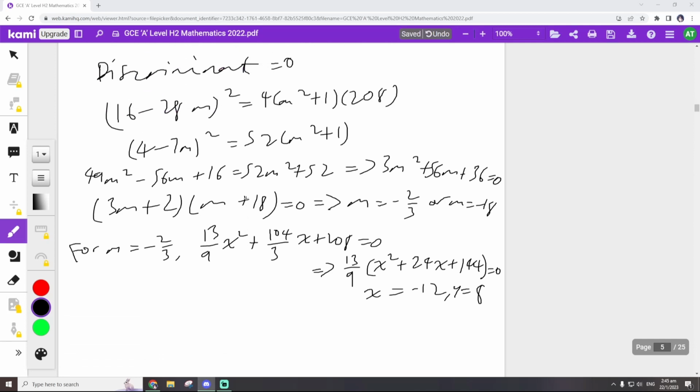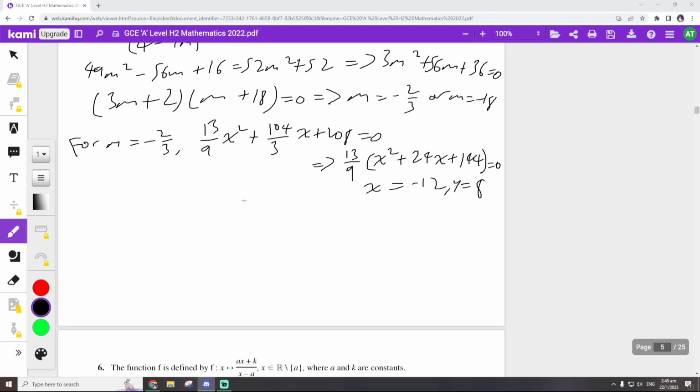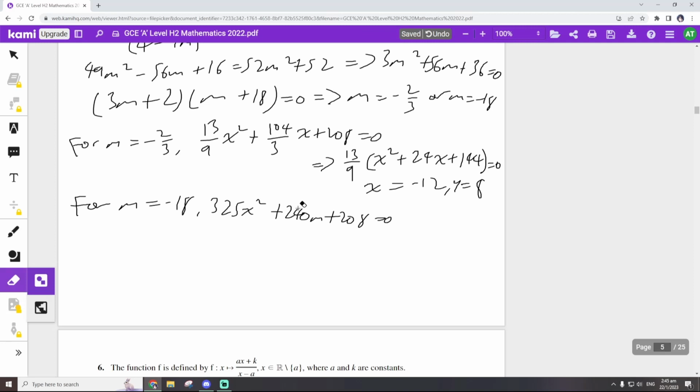Okay, for the other one, for m equals negative 18, 325x squared, 16 minus 28m, so 28 times 18, which is 280 minus 56, which is 224. 224 plus 16, 240, plus 208 equals 0. No, sorry, 260, I think.